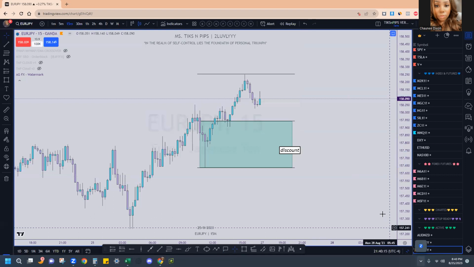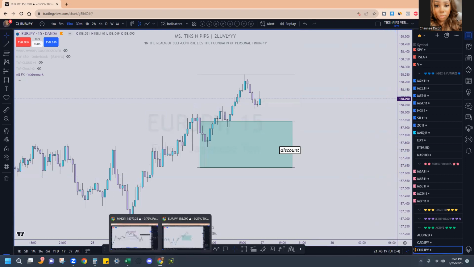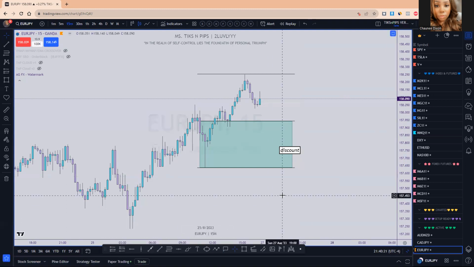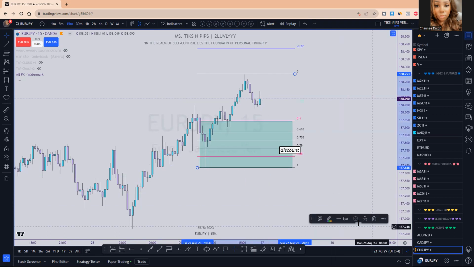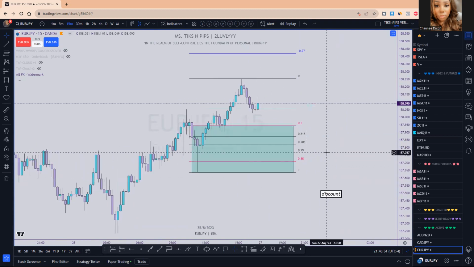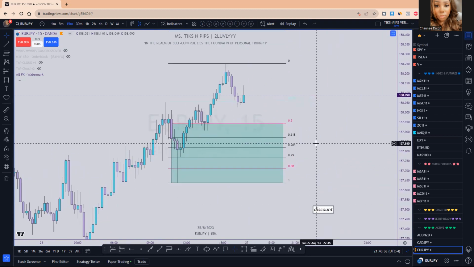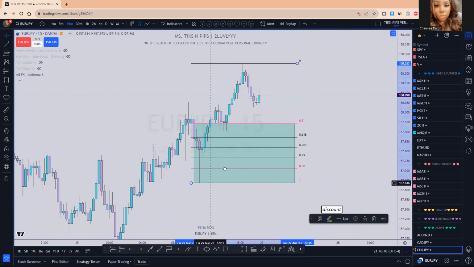So let's see. Let me find one. This one didn't really retrace. Well, actually, let me bring this retracement up a little bit here.